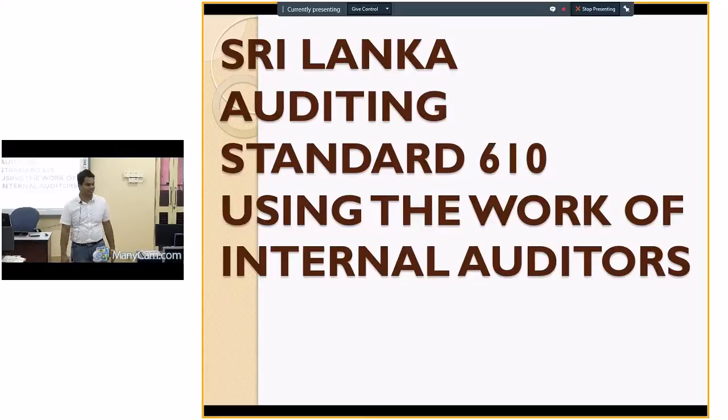Due care is very important again. Just doing the work is not the case. By evaluating these factors, you can decide to what extent you want to use the internal auditor's work. Clear? Right?